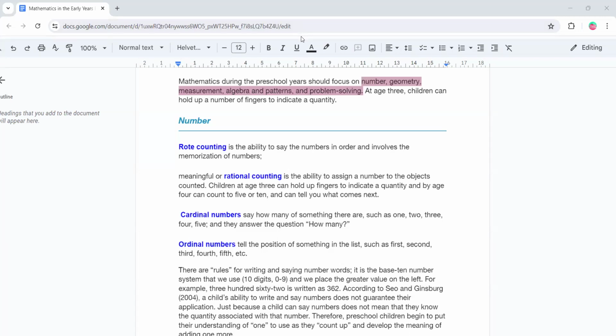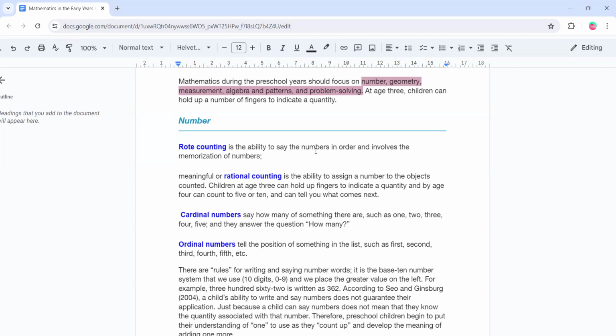So, numbers. Under this category of numbers, we'll be talking about two different types of counting and two different types of numbers that children may come across during their preschool years. The two types of counting are rote counting and rational counting.